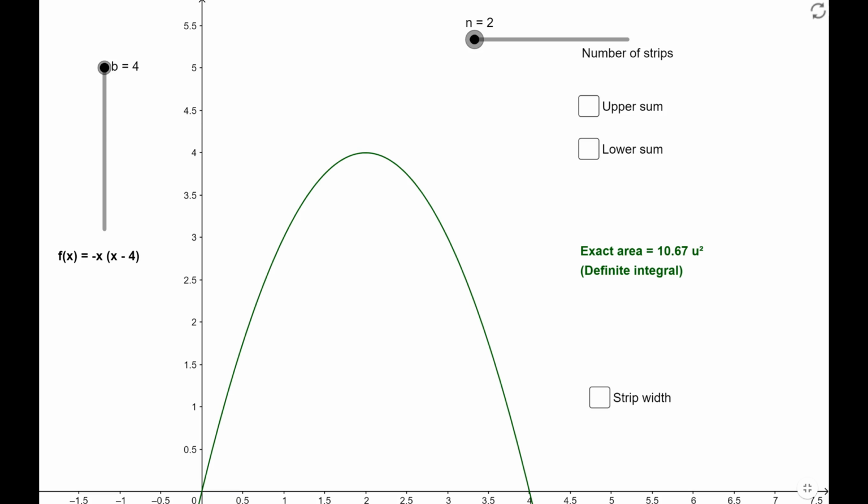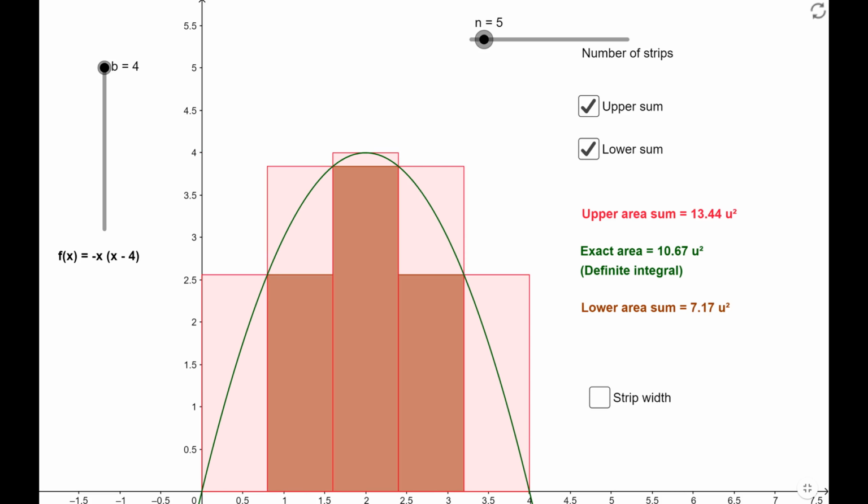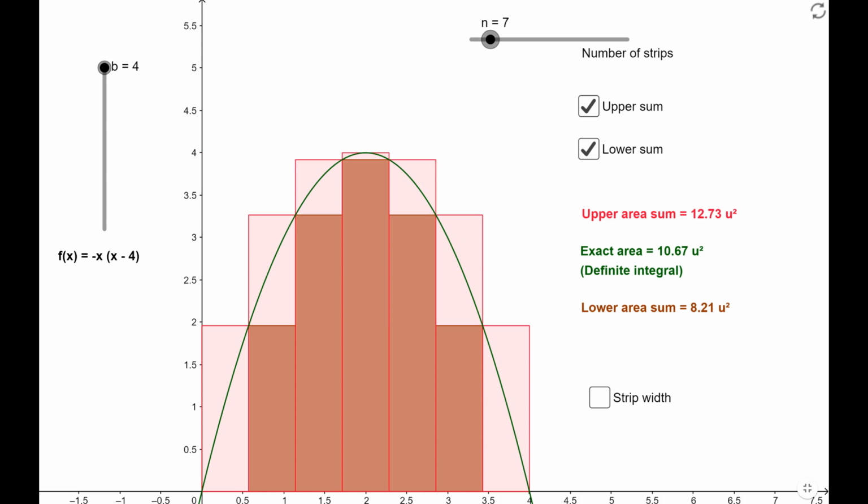Now, if I decide to break the area under that curve up into rectangles, I could make the rectangles take the upper sum, or I could make them take the lower sum, which looks exactly the same here. If I bump up the number of rectangles though, we can start to see the difference.